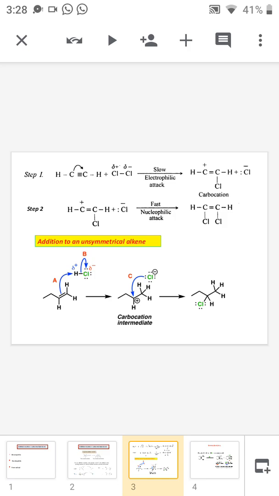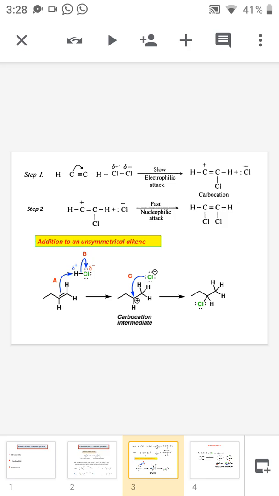First of all, the chlorine electrophile will attack the acetylene and form a carbocation, and since the chlorine has a lone pair of electrons, the lone pair assists the carbocation, and finally the nucleophile Cl minus ion will attack this carbocation, and finally a chlorinated alkene is produced. So here the speciality of the addition is that both the electrophile and the nucleophile are the same atom.